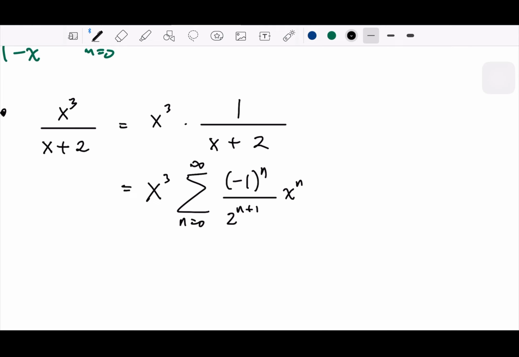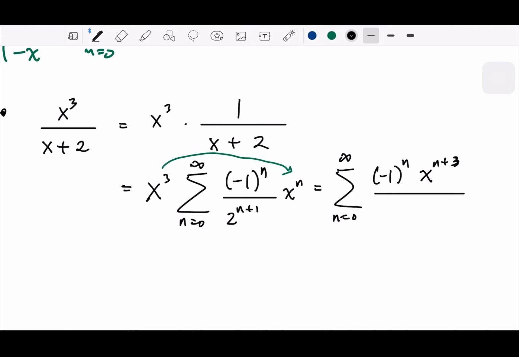And then we can simply just multiply the x. Okay. We can simply multiply the x. And that's it. Okay.